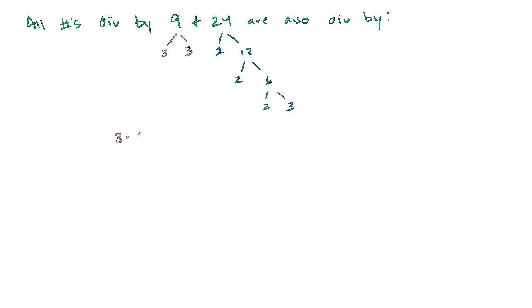Anything divisible by 24 has got to have 3 2's in it, so it's got to have a 2 times a 2 times a 2, and at least one 3. And we already have at least one 3 from the 9. So this number right here is divisible by both 9 and 24. And this number is actually 72. This is 8 times 9, which is 72.